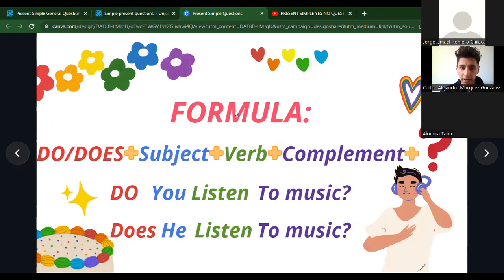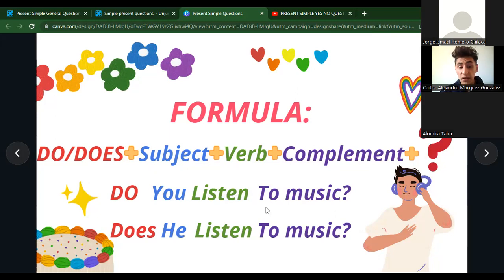This is the fourth class, the structure, present simple questions. In present simple questions, we use an auxiliary, which is do and does, okay? And then we use a subject, then the verb, and finally the complement.